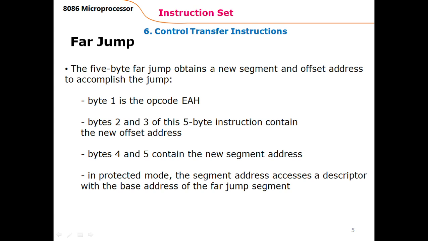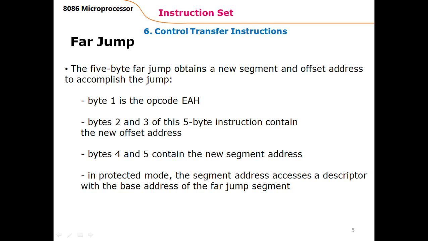The next two bytes, bytes 2 and 3 of this 5-byte instruction, contain the new offset address, which is the new content of the instruction pointer, which provides the offset address for the next instruction, while the last two bytes, bytes 4 and 5, contain the new segment address, which would be loaded to the code segment register.